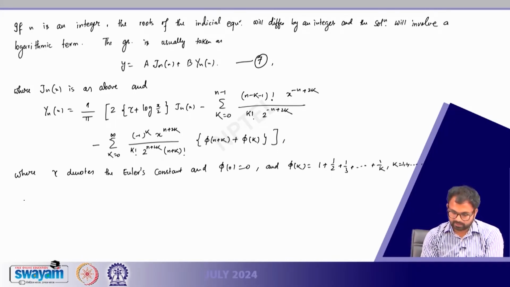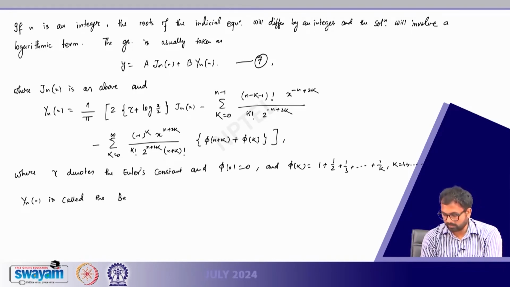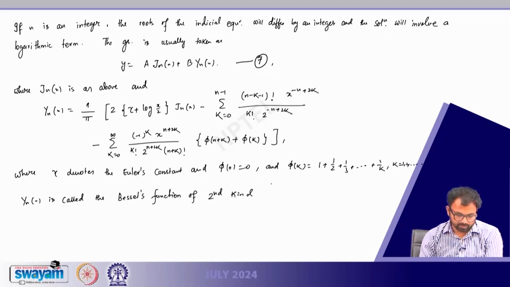So, this Y_n(x) given above is called the Bessel's function of second kind of order n.